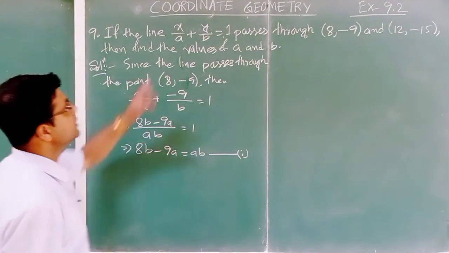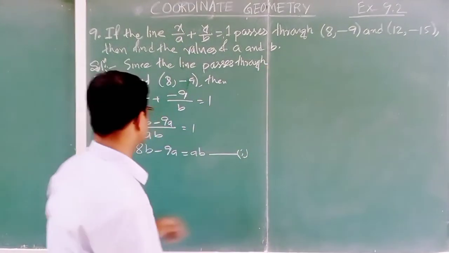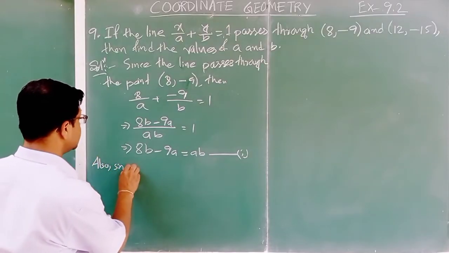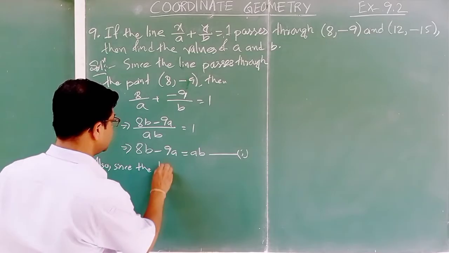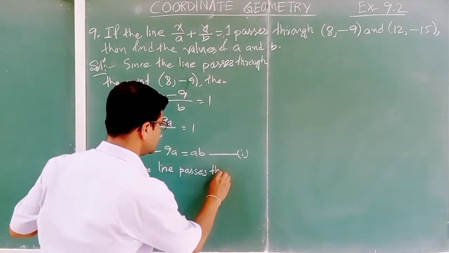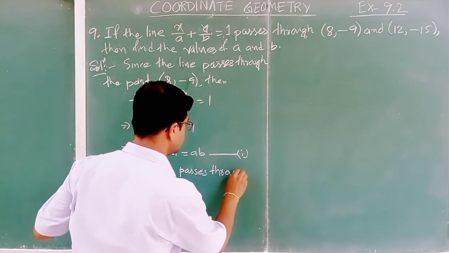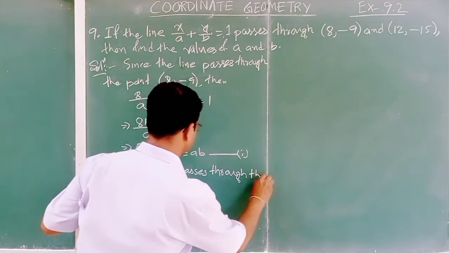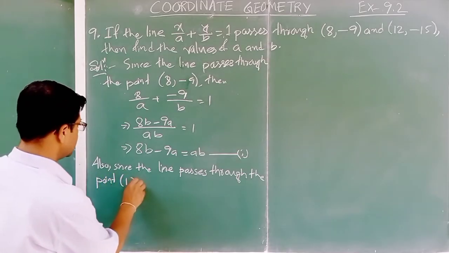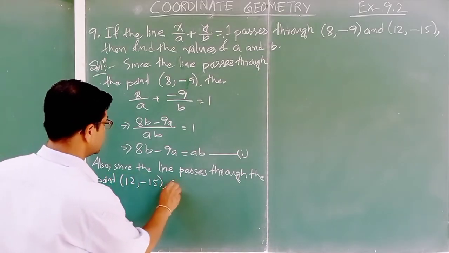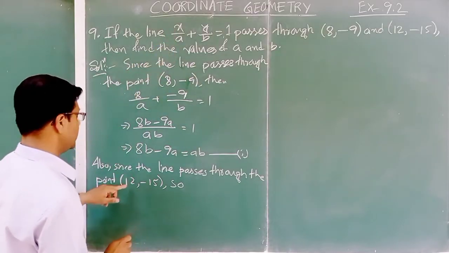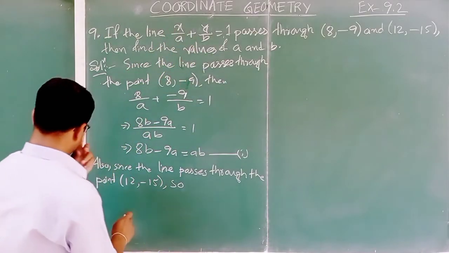Okay. Then also this straight line passes through that point. Since the line passes through the point, what are the coordinates of the point? 12 comma minus 15. So what do we obtain? Again, in place of x we shall substitute 12, and in place of y we will put minus 15.